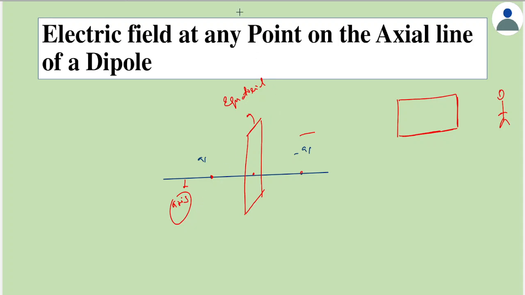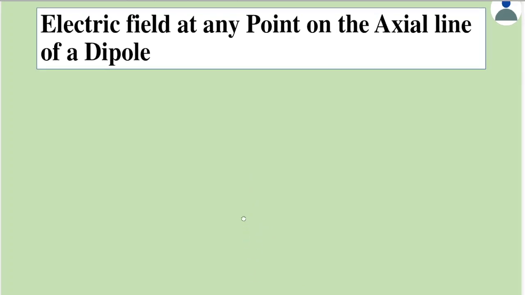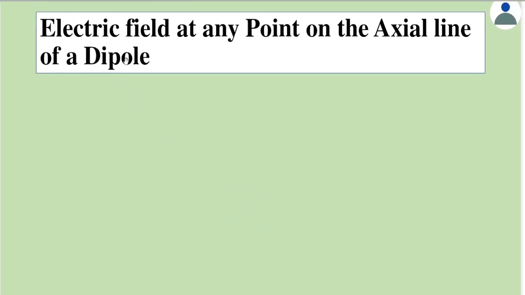Now here, we need to find the electric field at two points. In the first case, you will find the electric field at any point on the axial line, and second would be to find the electric field at any point on the equatorial plane. So let's first begin the first derivation, where we are required to find the electric field at any point on the axial line.